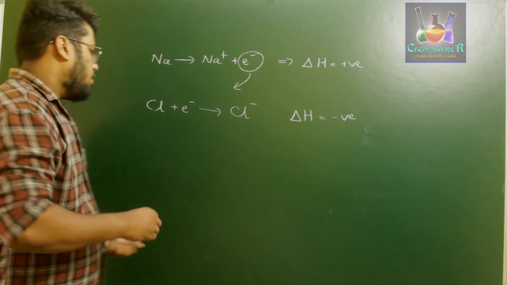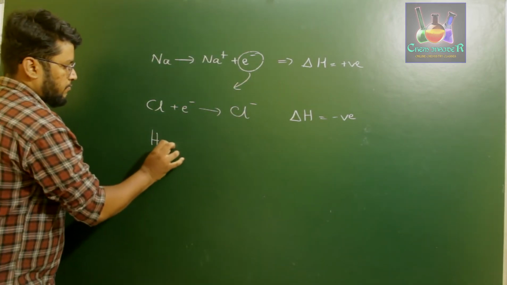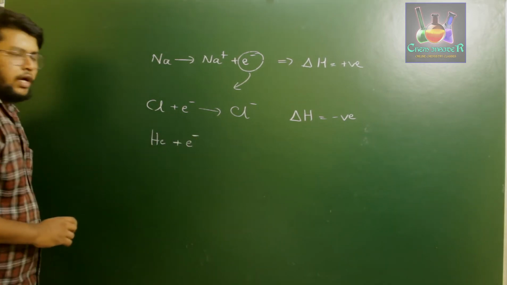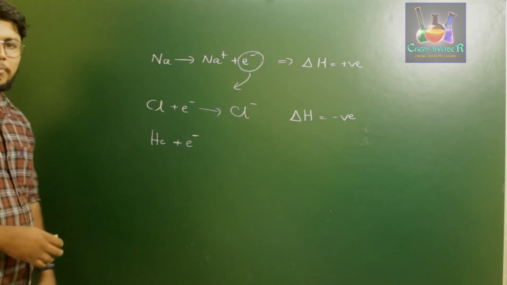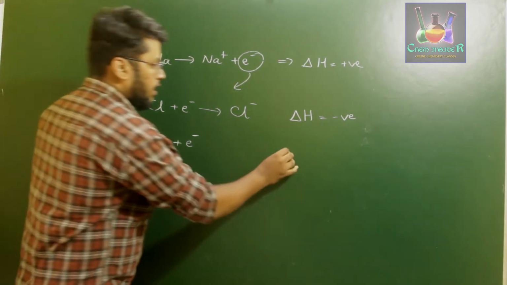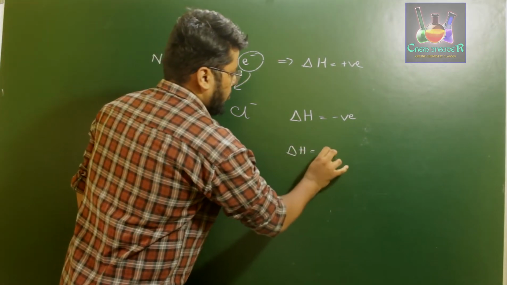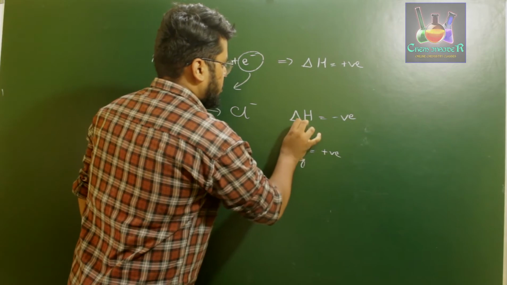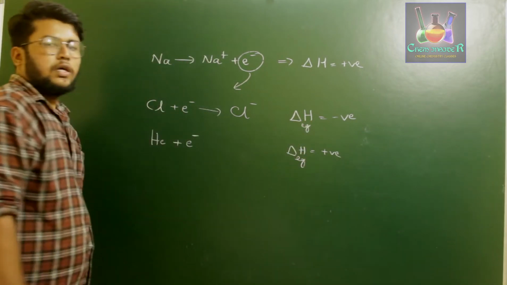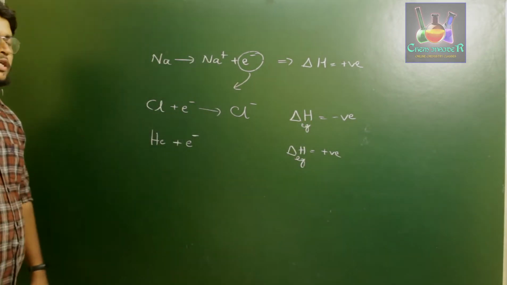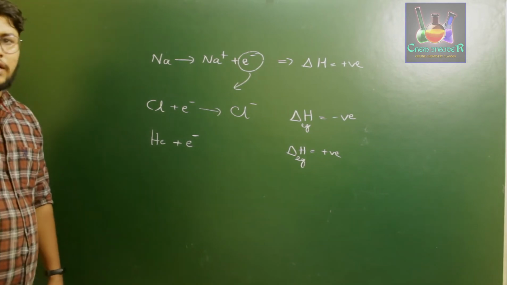For example, when you add an electron to a noble gas such as helium, we observe a delta H which is found to be positive. This delta H with respect to gaining an electron is called electron gain enthalpy.